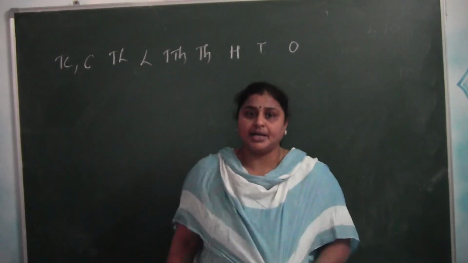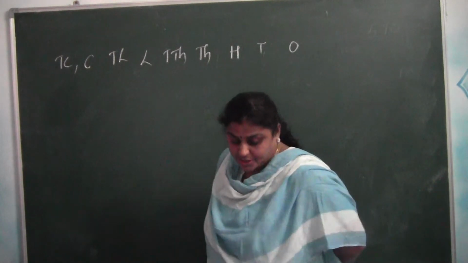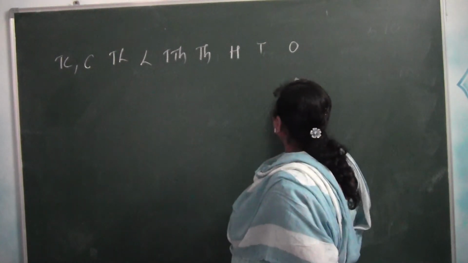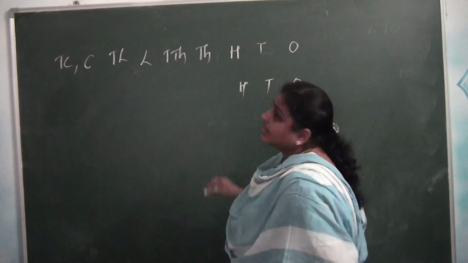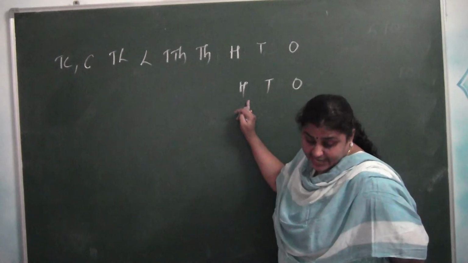So far you have learned that. Now what are the place values in the international place value system? Ones, tens, hundreds remain as they are.